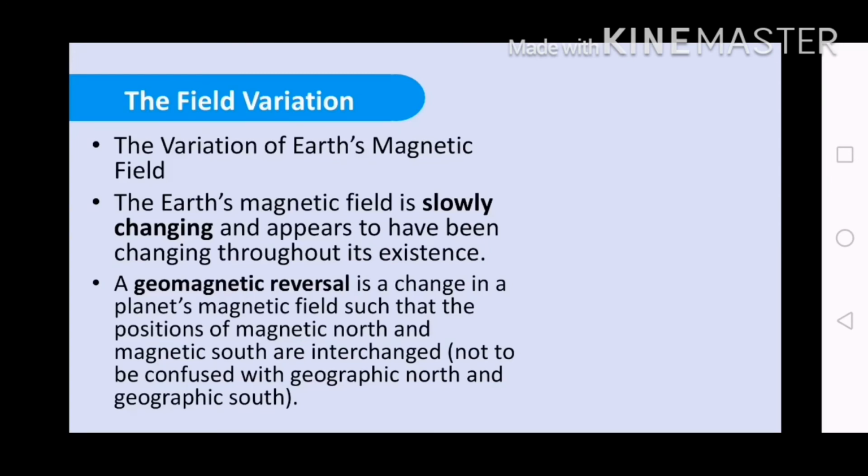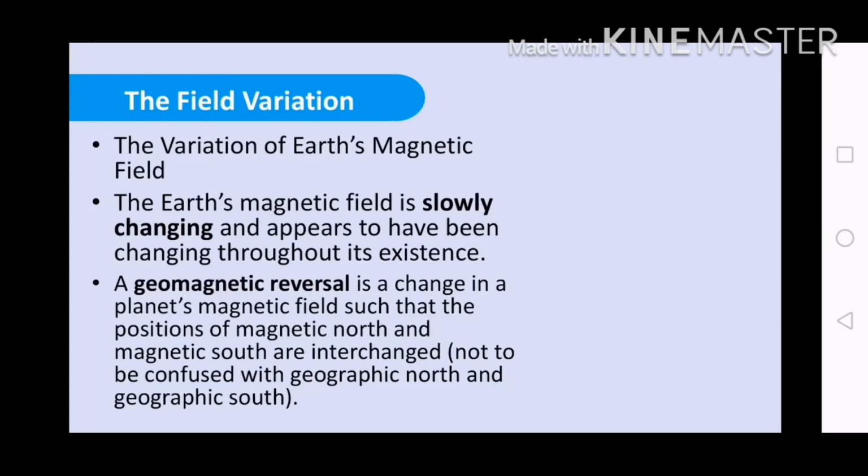The Earth's magnetic field is slowly changing and appears to have been changing throughout its existence. Scientists believe that thousands of years ago, the poles were in the correct places: the south pole was in the south and the north pole in the north.